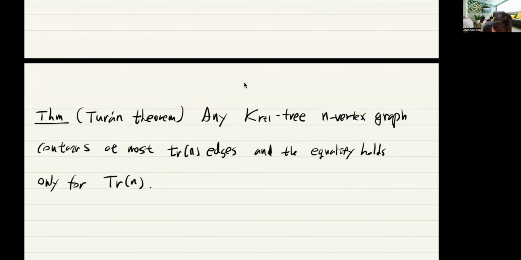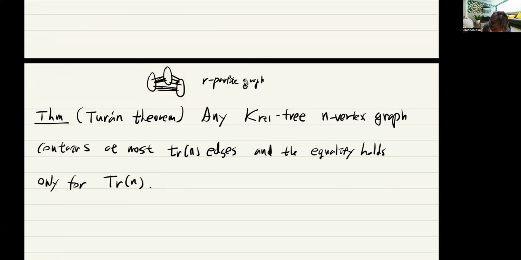So a natural example that does not contain K sub r plus 1 is an r-partite graph, where all the edges are between different parts and the vertices are partitioned into r parts.